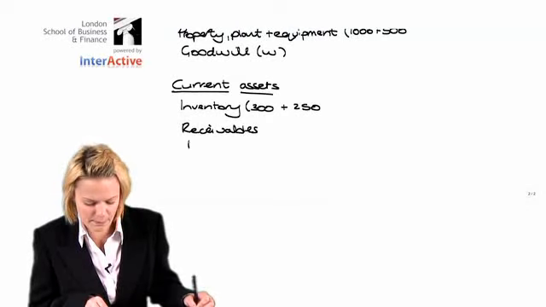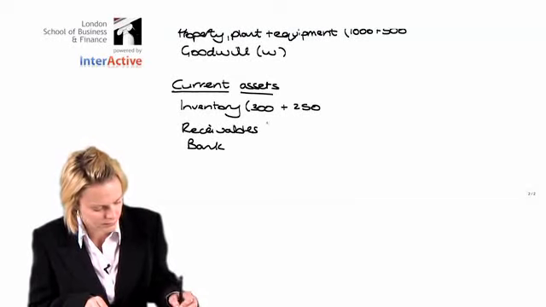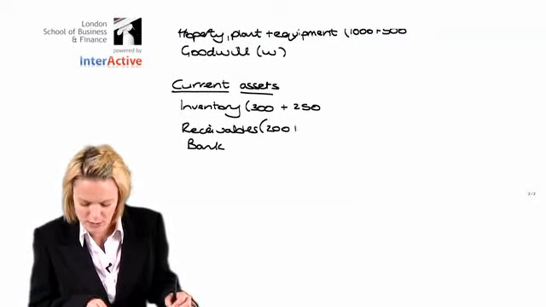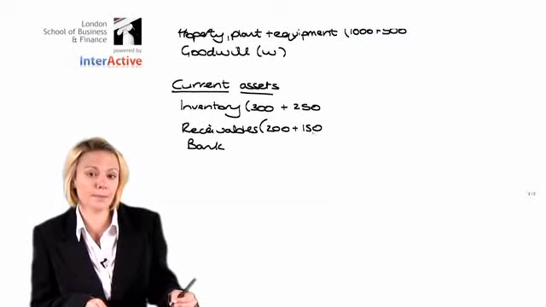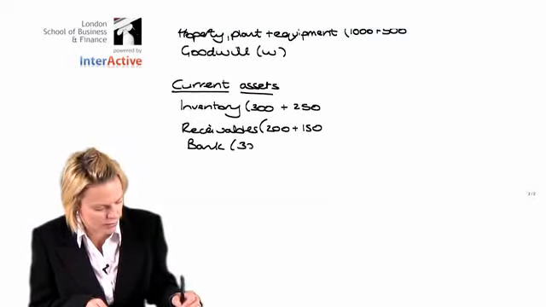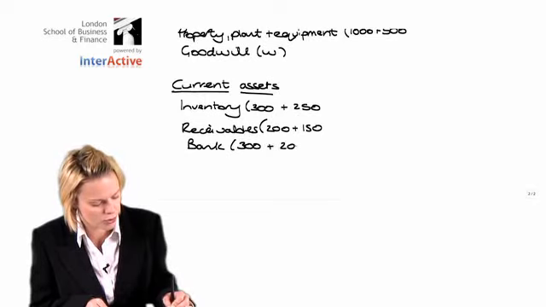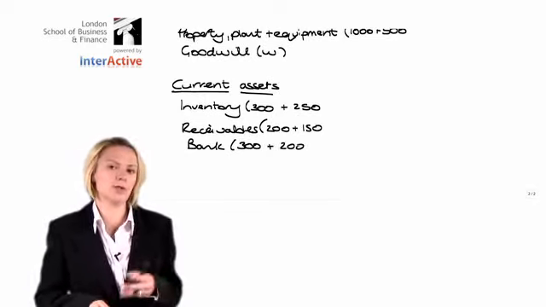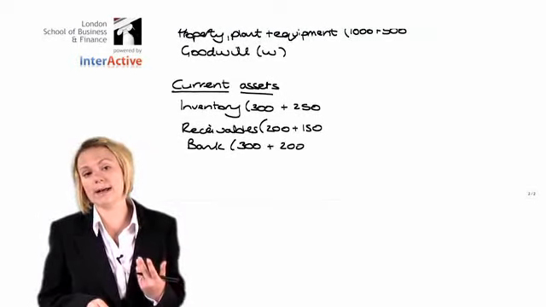And whilst we're here, let's pop in bank as well. Receivables were 200 parent plus 150 sub. And then bank was 300 parent plus 200 sub. Leaving those brackets open for some various adjustments, which we'll see in later examples.